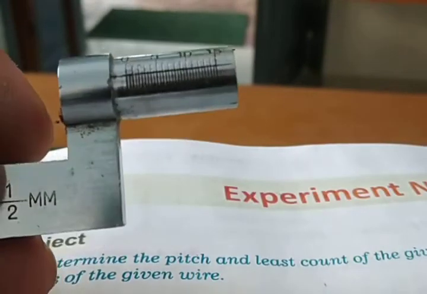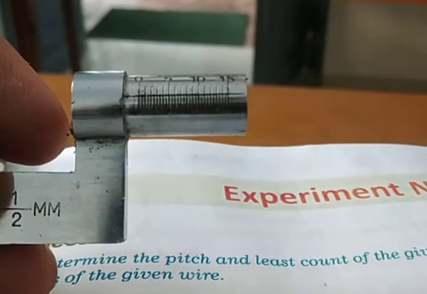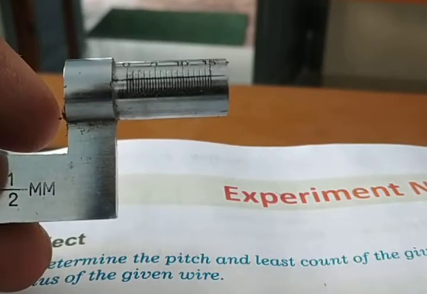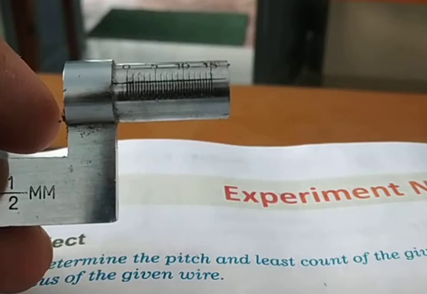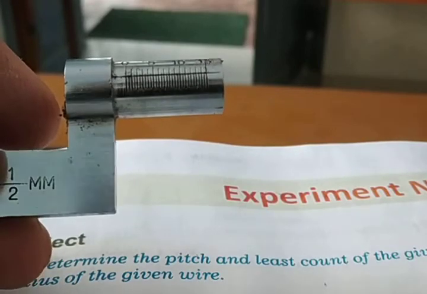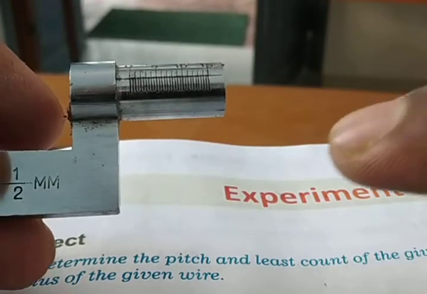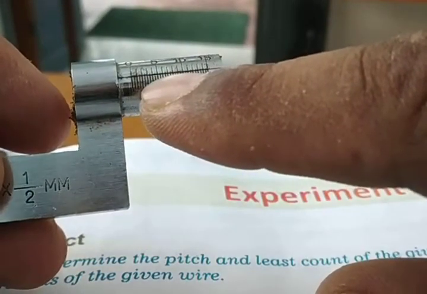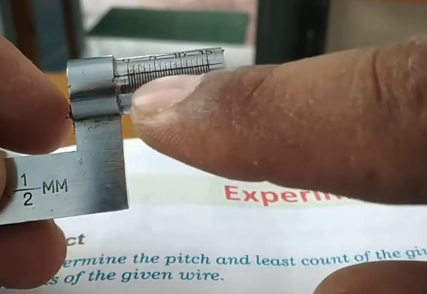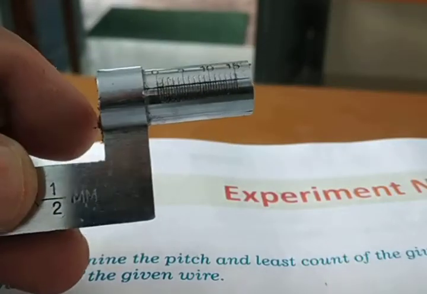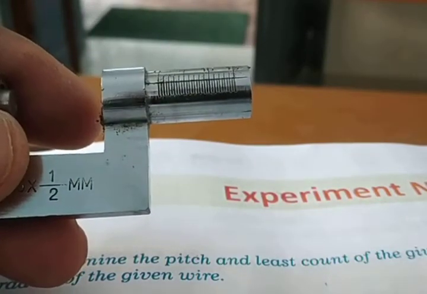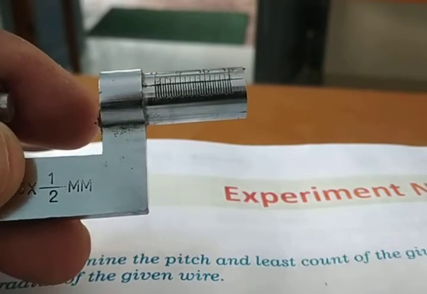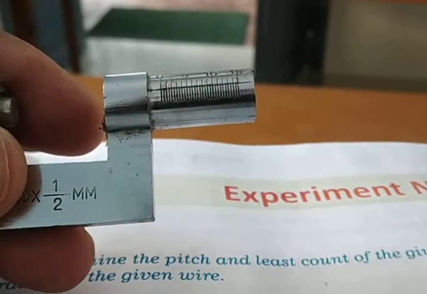There are 10 divisions, because each division has been subdivided into 2 more divisions. From 0 to 5 mm there are 10 lines. So the value of each division is 0.5 mm.